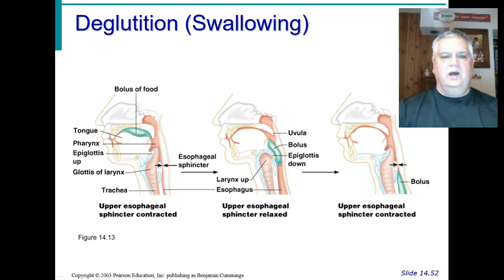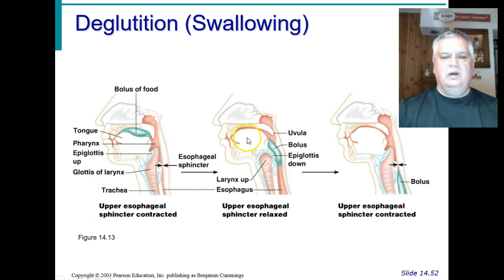So here's just a slide that kind of shows us visually what's going on here. So here's our bolus of food. We've been chewing it up. It's been softened. It's been moistened. And here's the tongue. So we have, at this point in time, the upper esophageal sphincter is contracted, and it's kind of closed off while we're chewing the food.